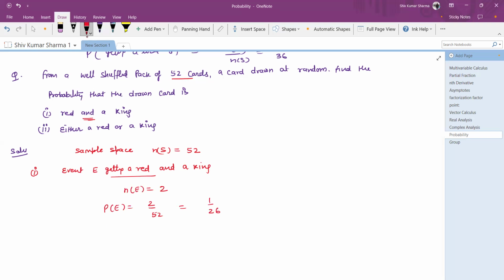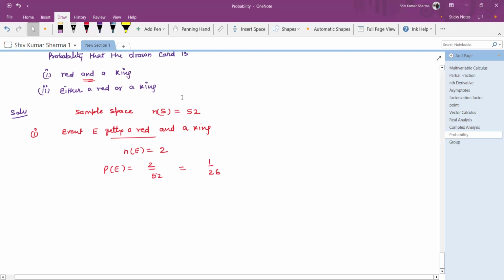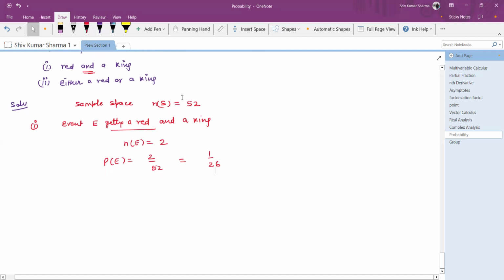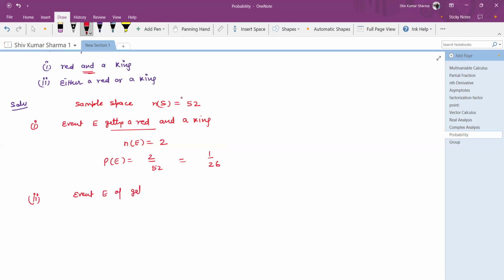Okay. Now for the second part, either a red card or a king. Event E is getting either a red card or a king.